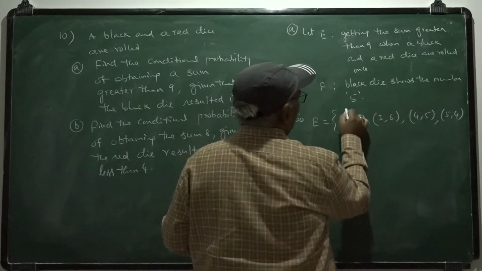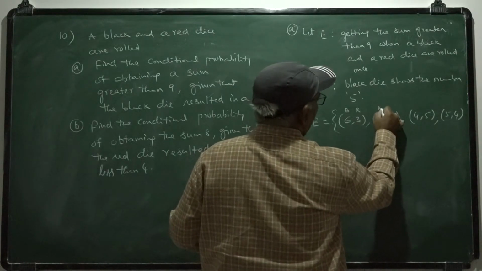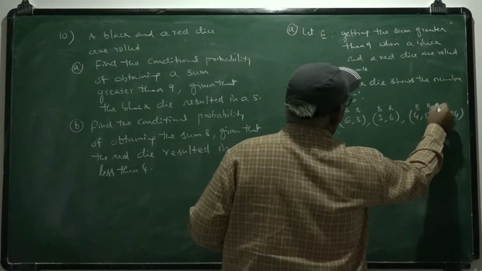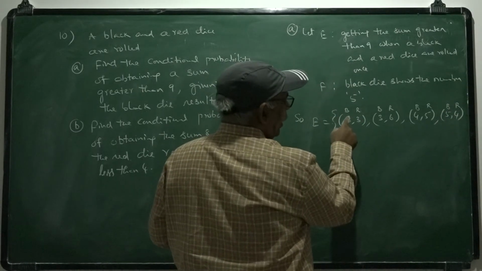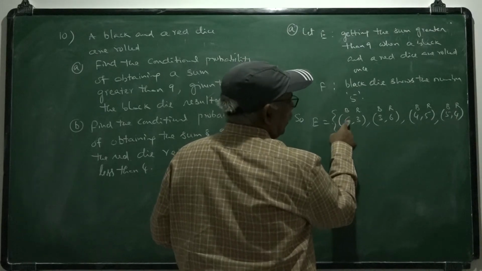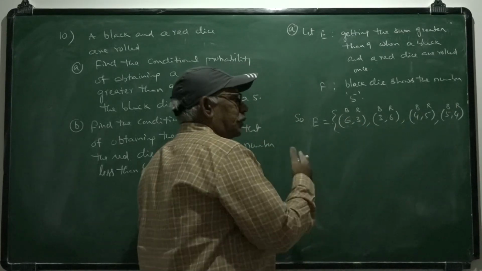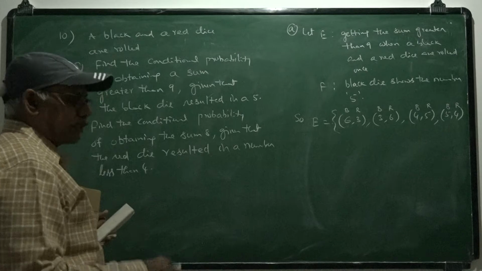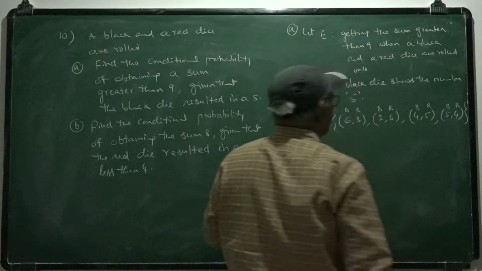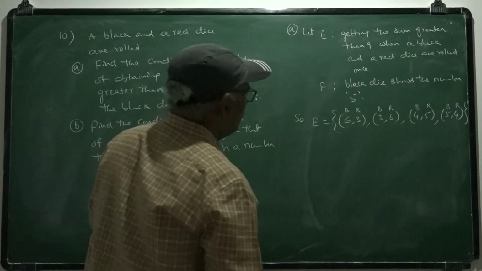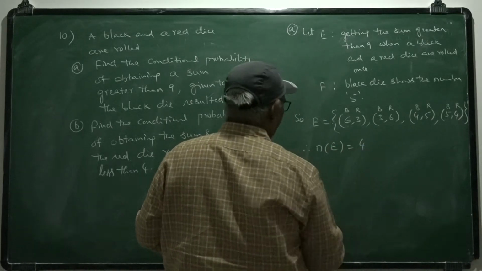Let the first one be on the black die and the second one on the red die. That means getting 6 on the black die, getting 3 on the red die, like that. So these are the possible outcomes for getting the sum 9 on the 2 dice. So n of E is clearly 4.